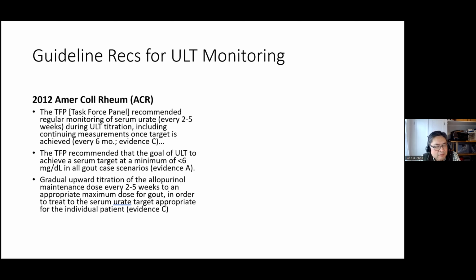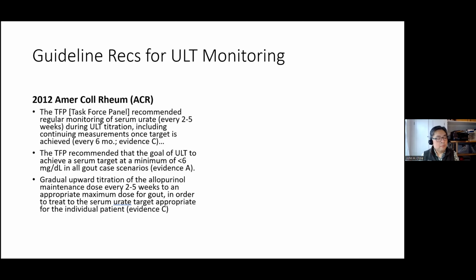I don't check that every 6 months, but maybe I should be based on this recommendation. And they said that the goal is to get to a target of under 6 in all gout case scenarios. They go on to say even lower for people with tophaceous gout or chronic kidney disease, and to upwardly titrate the allopurinol in order to get to that maximum dose to treat the uric acid level. There's some debate in the chat about whether it's evidence level A or level C and all that sort of stuff, but here's what they present.